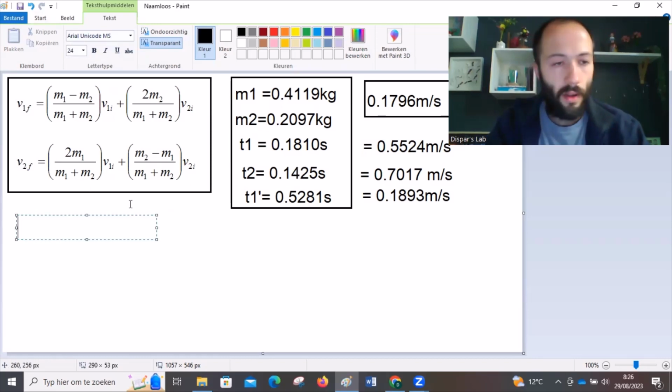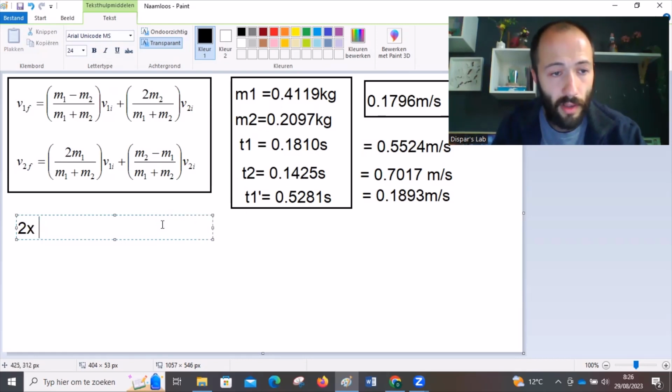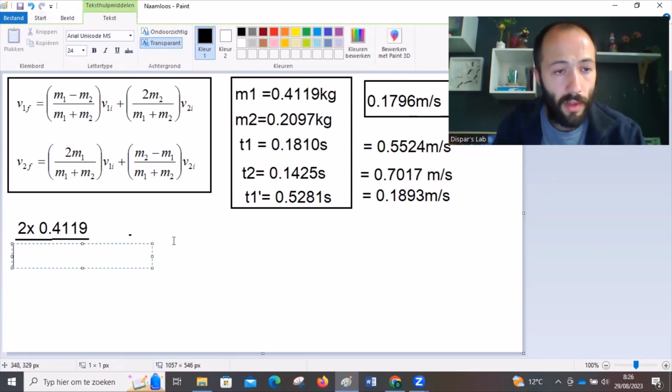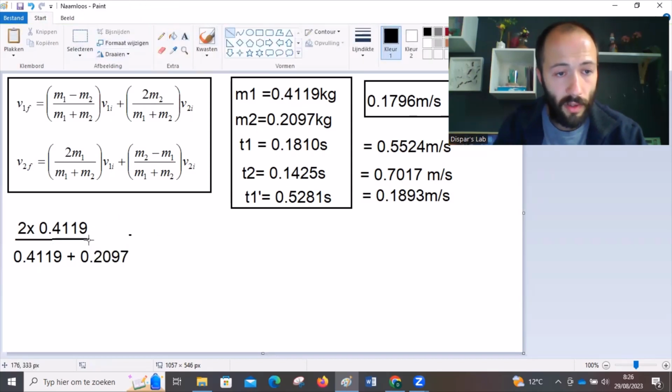It's 2 times mass 1 divided by mass 1 plus mass 2, 0.4119 plus 0.2097, times the initial velocity.